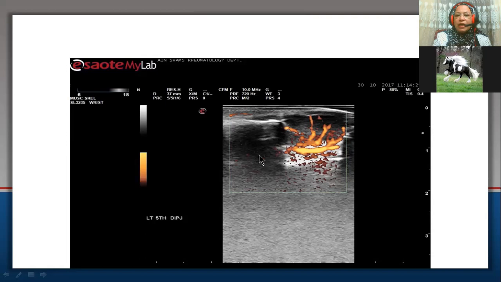This lesion was confirmed by MRI and biopsy to be a giant cell tumor of bone. So please don't miss this bone irregularity that may point to the presence of a tumor arising from the bone or eroding into bone. Don't miss this.